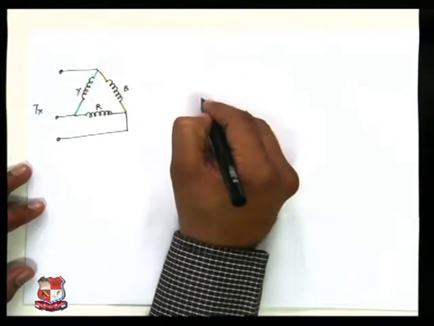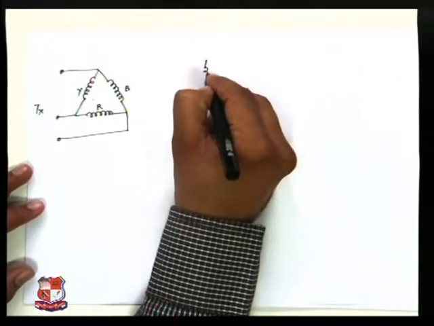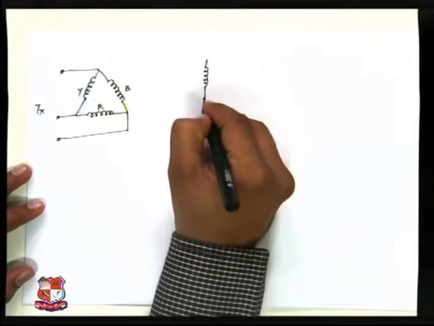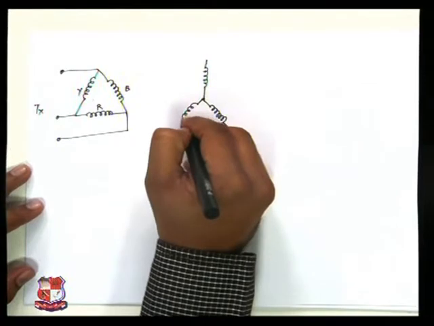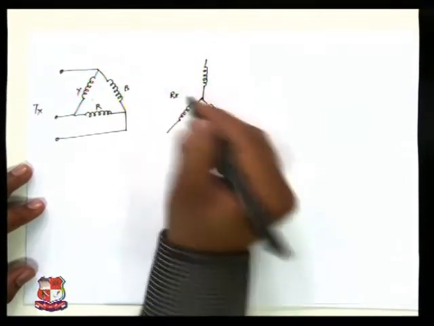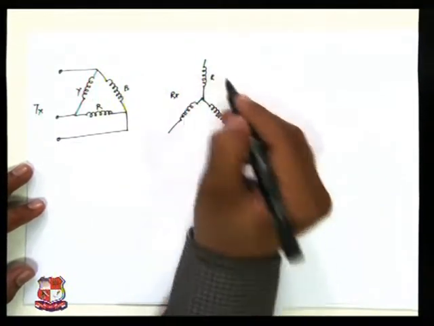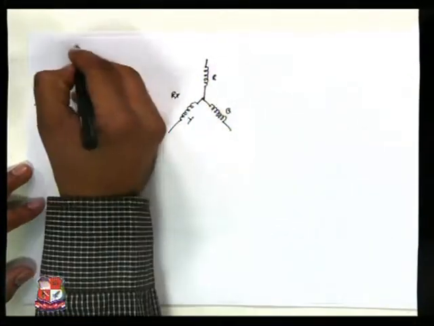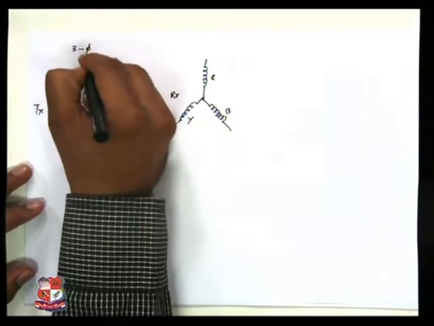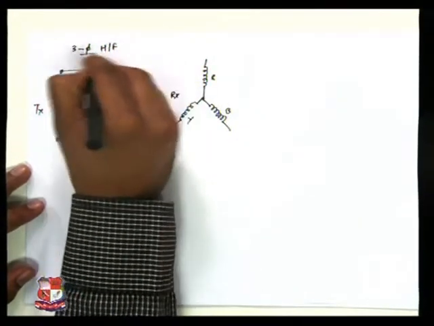This is something, the Y connection. This is our receiver section, R phase, Y phase and B phase. This is three phase half wave rectifier.